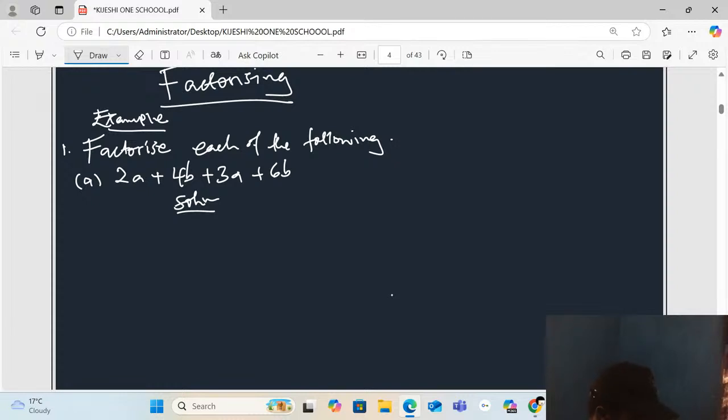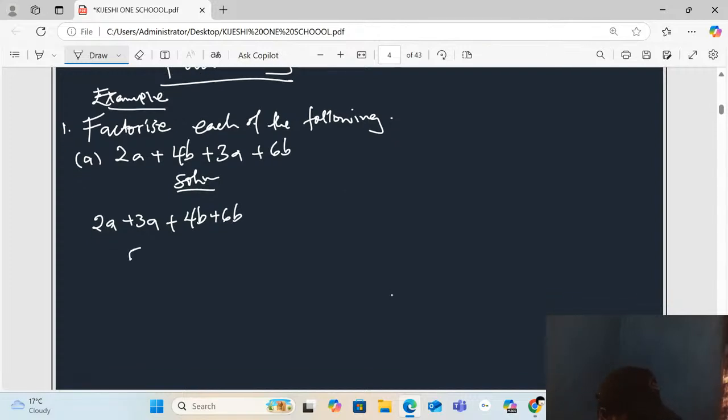First of all, collect the like terms together. So here we have 2a with 3a, plus 3a, plus 4b, then plus 6b. Now we are having 5a plus 10b.